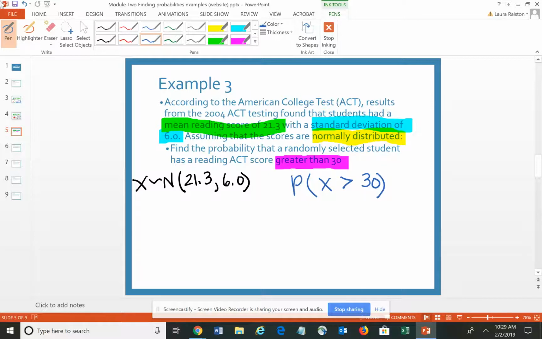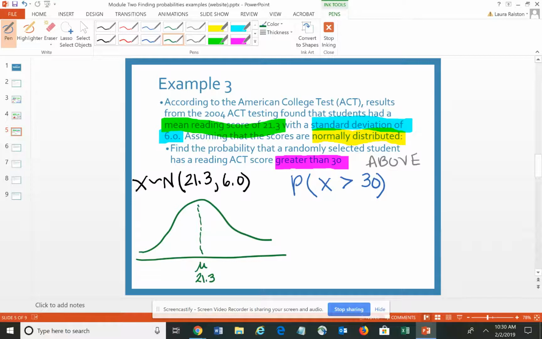Another way to express greater than, which we're going to need when we get to the website, is above. So they use the word above for greater than. They use below for less than. Okay, so if we draw our picture, I'll have my horizontal axis, bell-shaped curve, the mean in the middle, which we're told is 21.3.